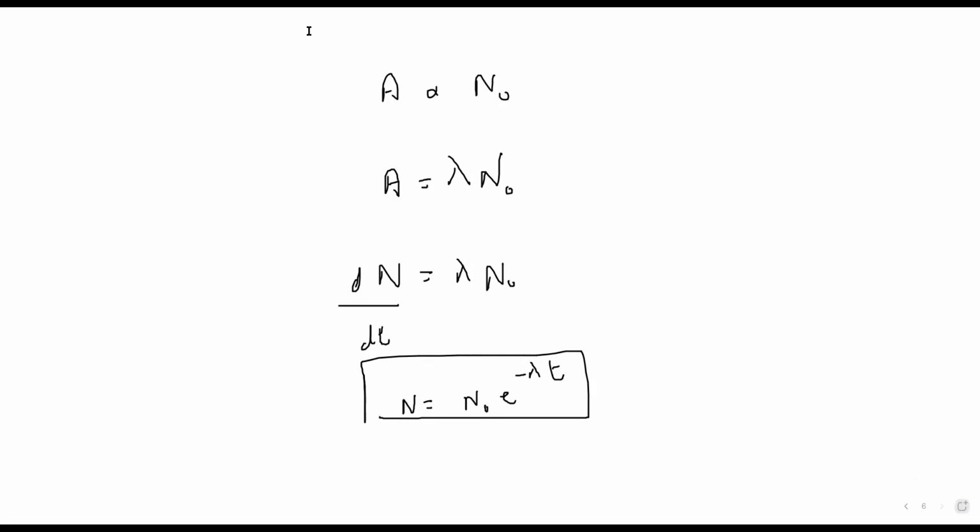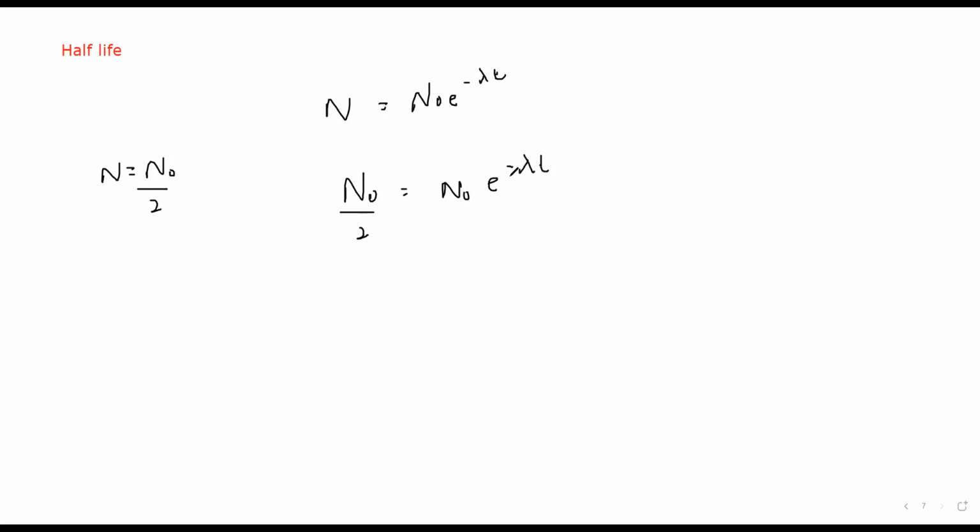Half-life means the time taken by half of the radioactive nuclei to disintegrate. So N equals N naught e raised to power minus lambda t. After the half-life, this N will be half of the original value. So I can now say it will be N naught by 2 equals N naught e raised to power minus lambda t. N naught will cancel with N naught. So it will be 1 by 2 equals e raised to power minus lambda t. To remove this exponent, I will take ln both sides.